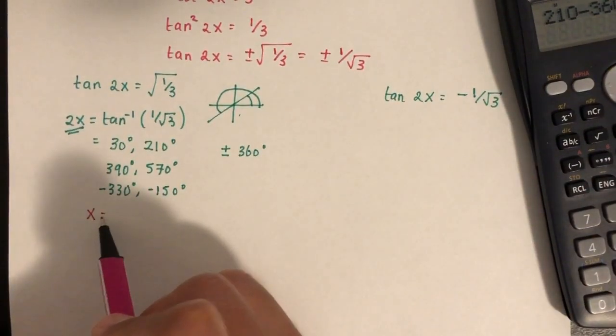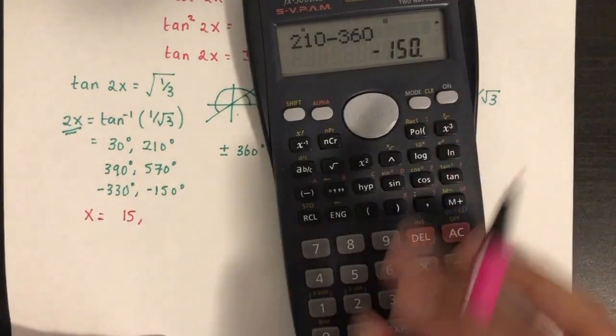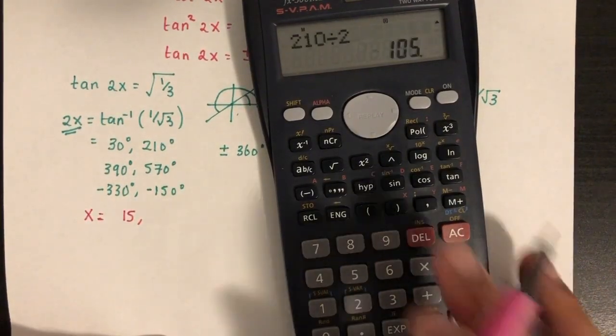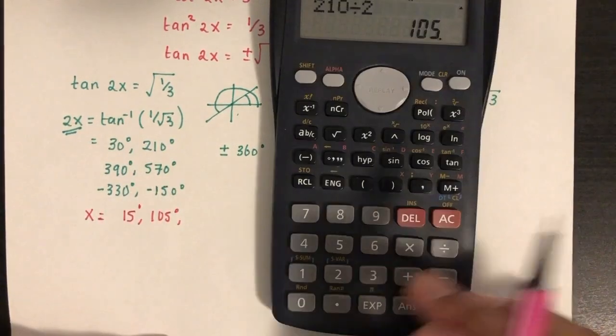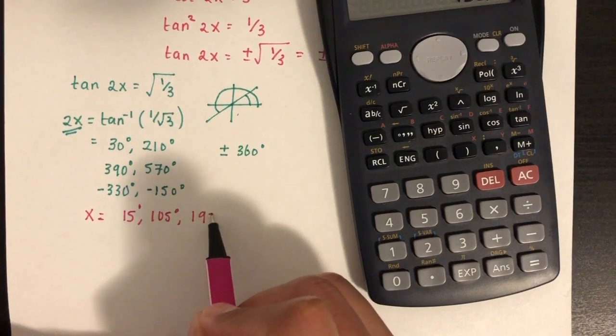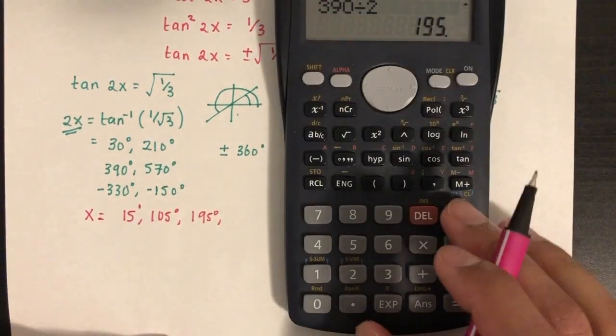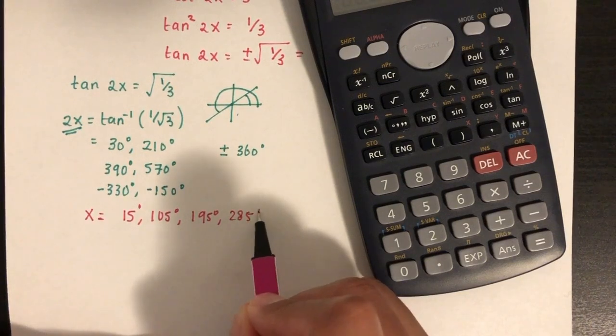X will be everything here divided by 2. You will have 15, 210 divided by 2, that will be 105. That will be 390 divided by 2, that will be 195. And we have 570 divided by 2, that will be 285.